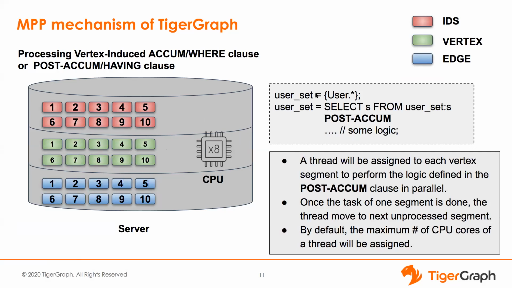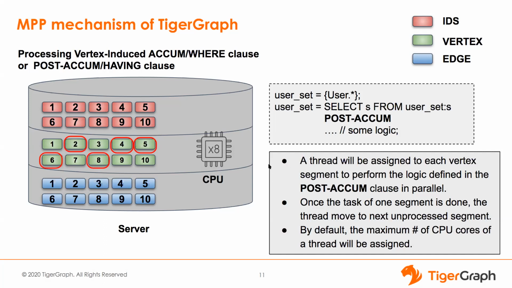So if you run a query, say, I want to start from all the users, and then I run the post-accum clause and define some logic there. In this case, the system can figure out that segments 2, 4, 5, 6, 8 are user partitions, so I want to run this post-accum logic against all these segments.